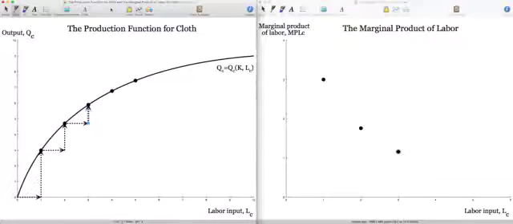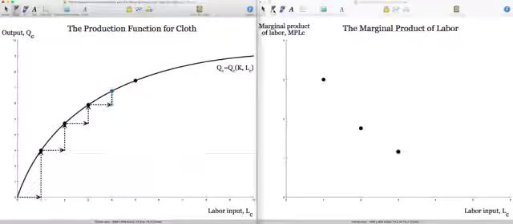I can continue along, and I'm going to hire an additional worker. So instead of stopping with 3 workers, I am going to hire a 4th worker. Let me put the arrow on there. And then if I move up from the 4th worker up to that point, it goes to 6.8. So we go from roughly 5.9 to 6.8 for the 4th worker.